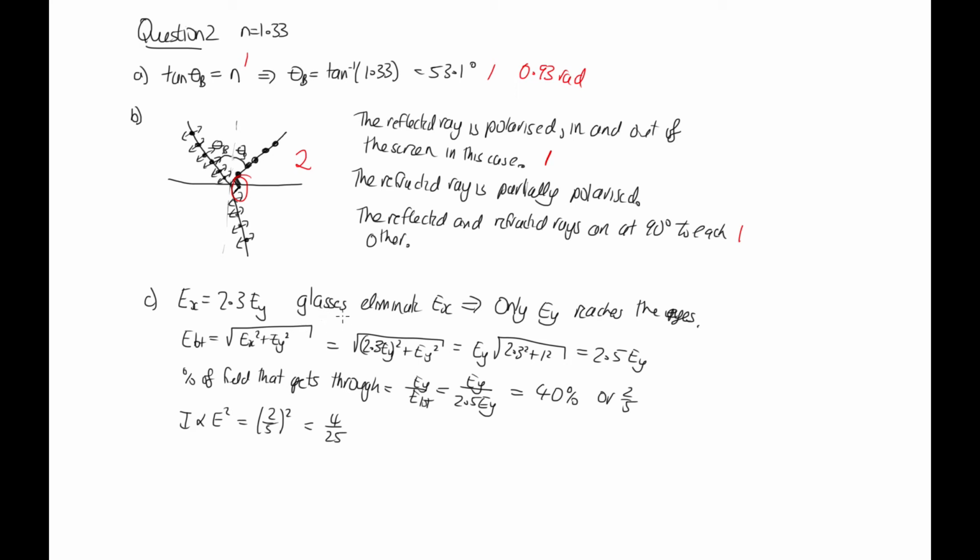Now part C, you get 1 mark for writing down this equation, which is just putting into equation form the information which was given in the question.